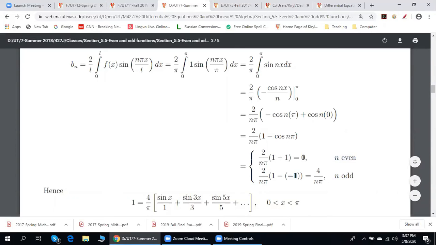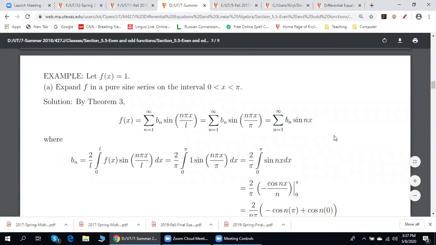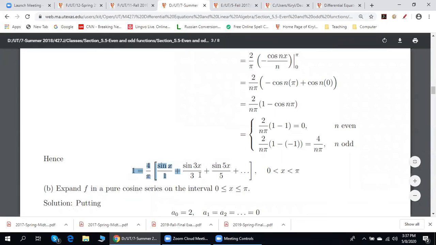Since 1 minus 1 is 0, bn is 0 if n is even. If n is odd, bn is 4 divided by n pi. We plug in these expressions into the formula and we get exactly what is written.